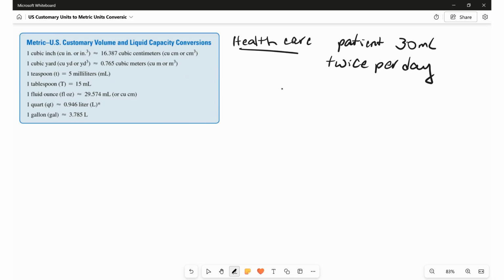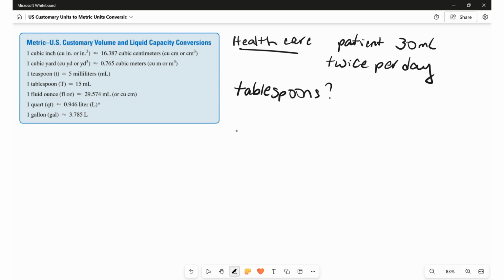This is what the patient gets while they're in the hospital, and the doctor says that they want this patient to continue this dosage at home. So, how many tablespoons are we going to tell the patient to take?